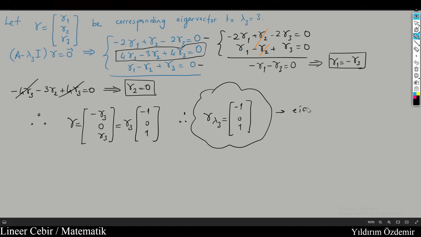This is our eigenvector. And finally, as a conclusion, we have three distinct real eigenvalues, and we obtain three linearly independent eigenvectors, so the given matrix is diagonalizable. Thank you for watching this video.